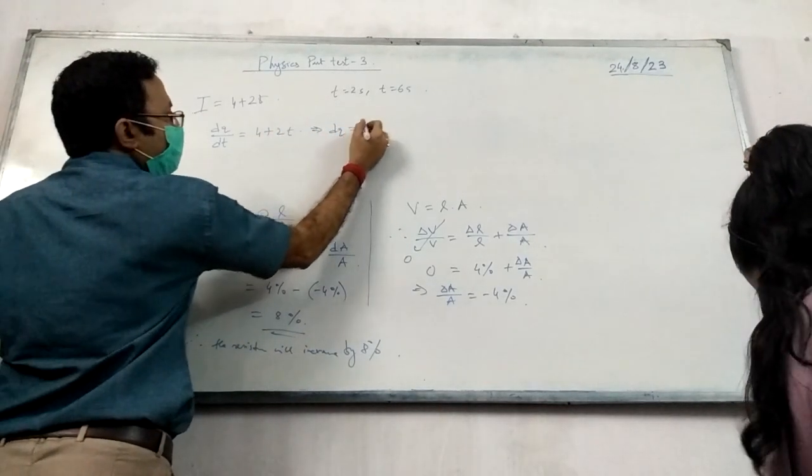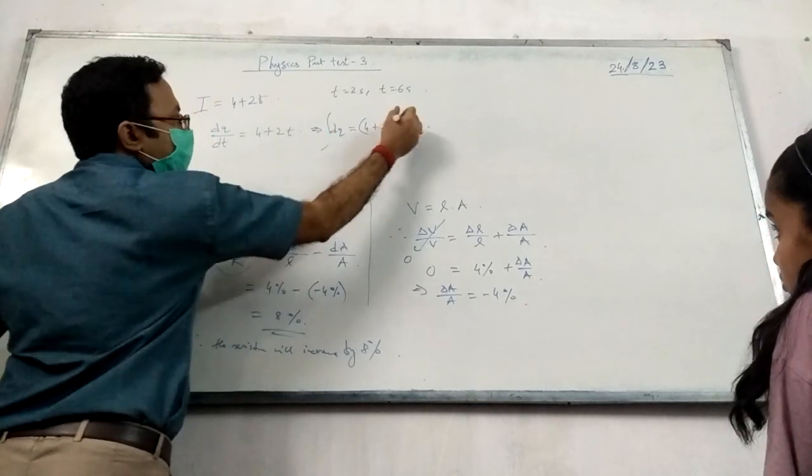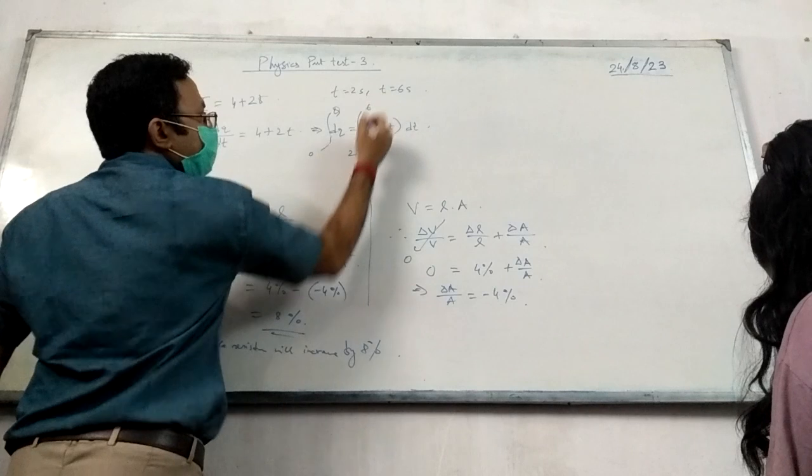So dq equal to 4 plus 2t dt, दोनों साइड हम लोग इंटीग्रेट करेंगे 0 to q और ये 2 to 6 seconds.